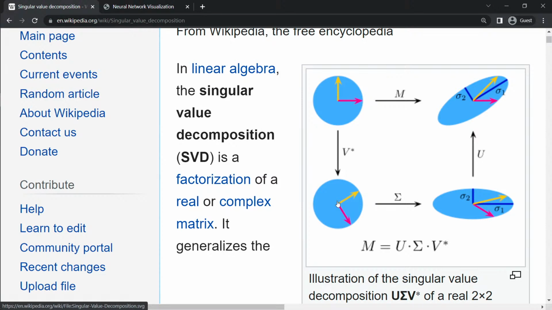I'm not fully understanding the scaling part. But it looks like it's scaling along the original axis, prior to the rotation, and then it rotates it again.